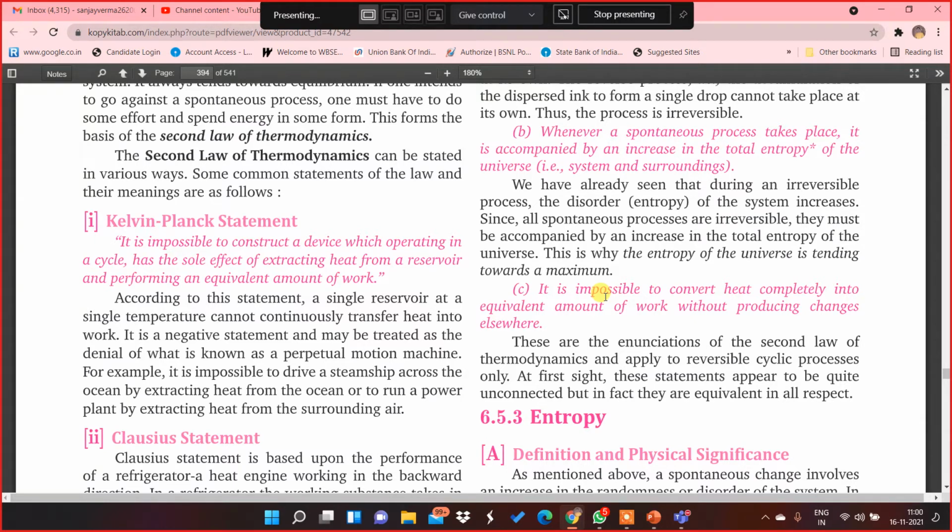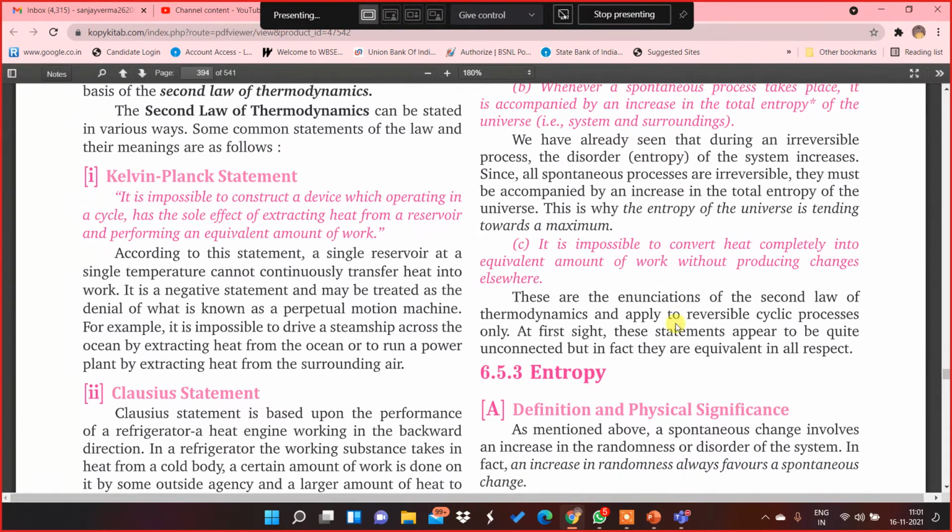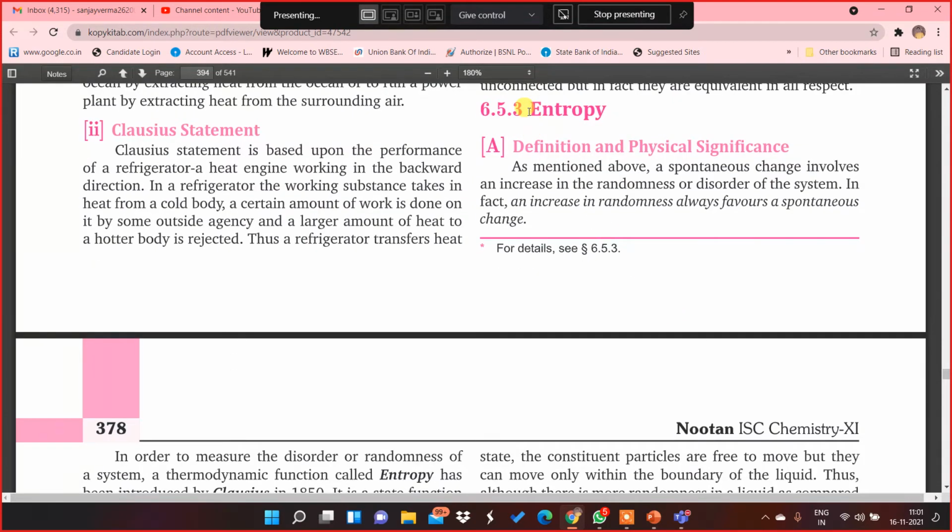It has to be aided by some external force, like transfer of heat from a body at low temperature to a body at high temperature. That is impossible, but becomes possible only if we provide external work or external support from outside.